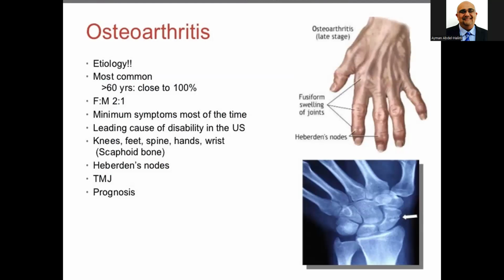Females are more than males, 2 to 1, and usually in elderly patients. It affects knees, feet, spine, hands, and wrists, associated with Heberden's nodes. Can affect TMJ joints.